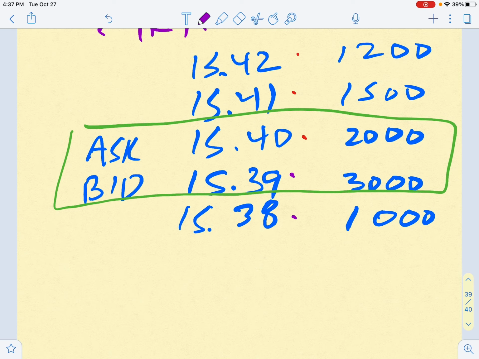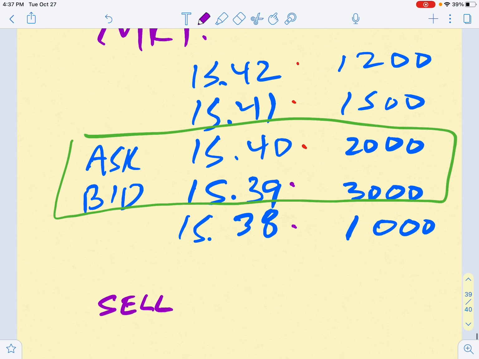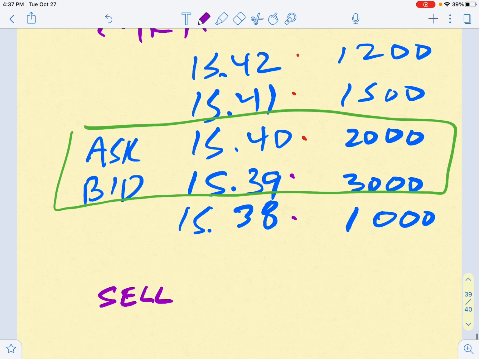What if the following limit order comes in? Sell, say, 4,000, limit $15.39.